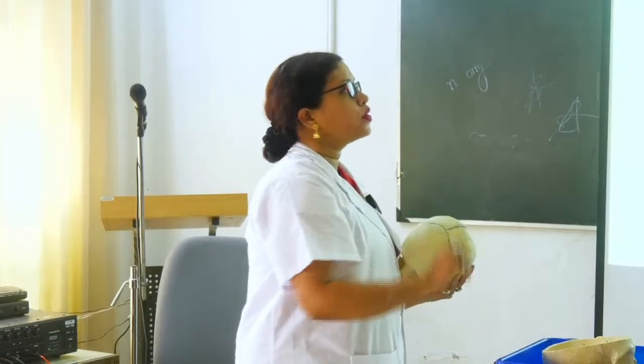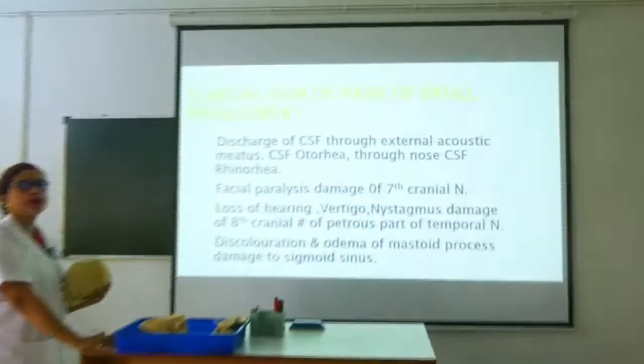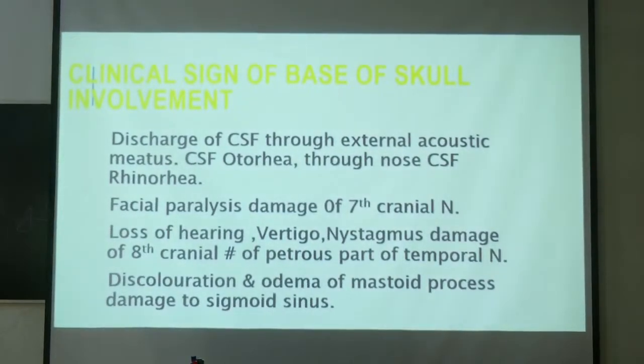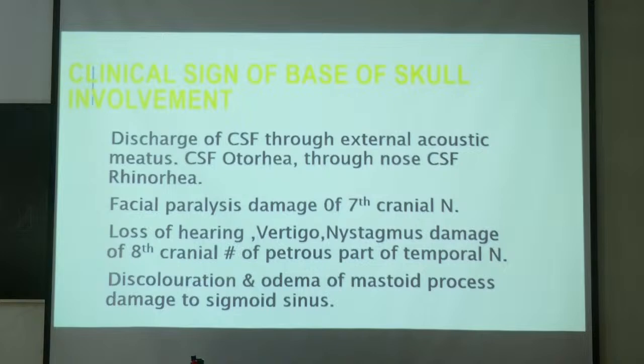Okay, এটা কিন্তু খুব ইম্পর্টেন্ট, প্লিজ রাইট ইট ডাউন. There are two things, one is rhinorrhea and another one is otorrhea. So both are CSF rhinorrhea, CSF otorrhea. কখন হবে? When there is a fracture of the base of the skull.